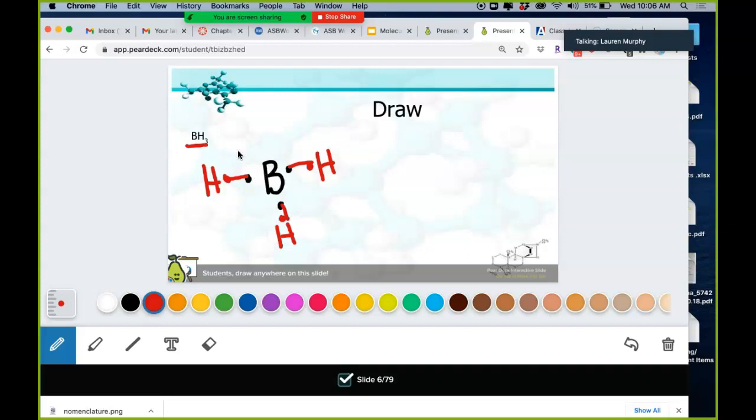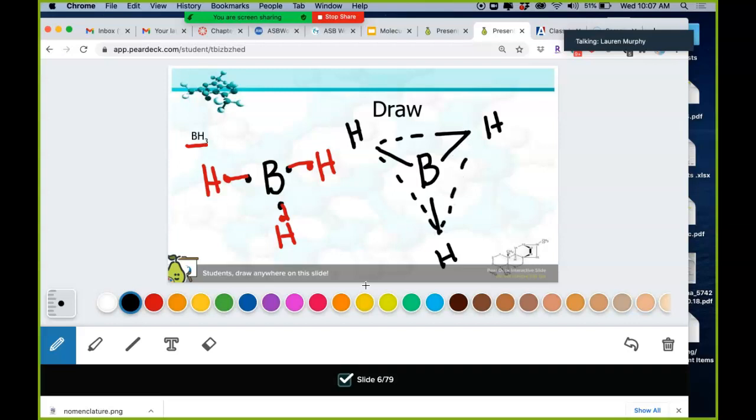So look at all of this empty space up here that I'm not utilizing. Right now, I have these guys in 90-degree angles away from one another. Now, that's not going to be ideal because remember, electrons don't want to be next to other electrons. They'll want to orient themselves as far away from each other as possible. So in this instance, the best way to do that is where it kind of looks like a triangle.